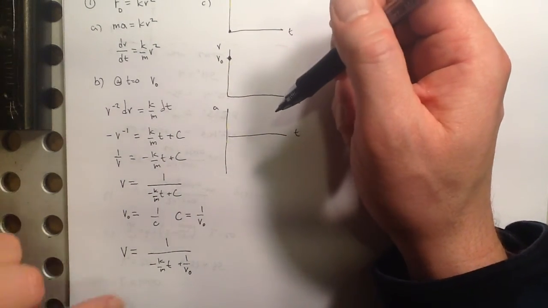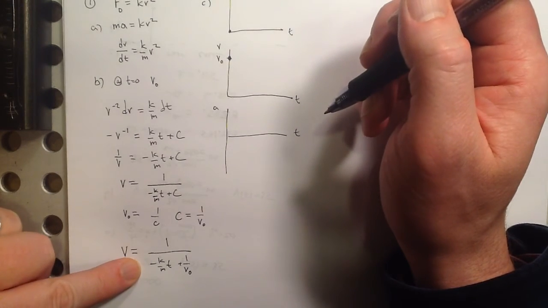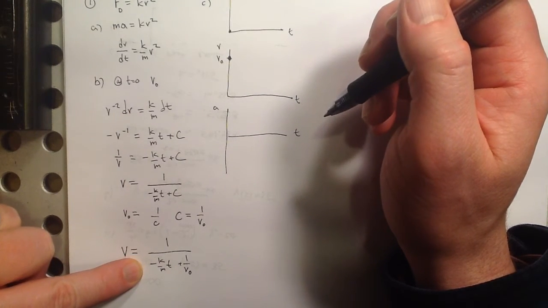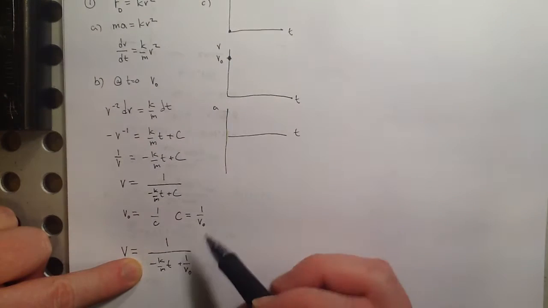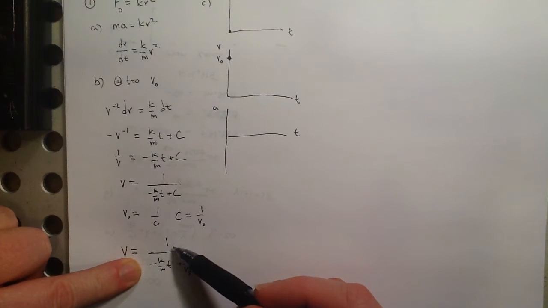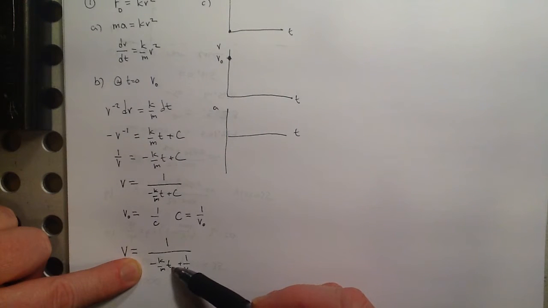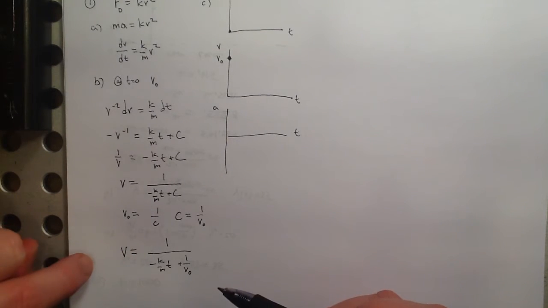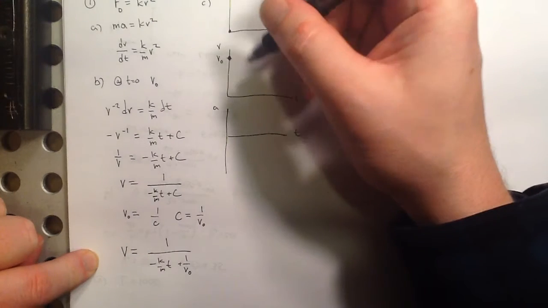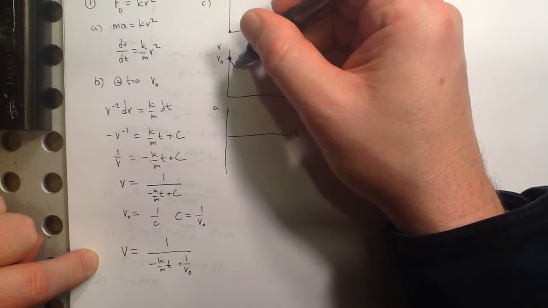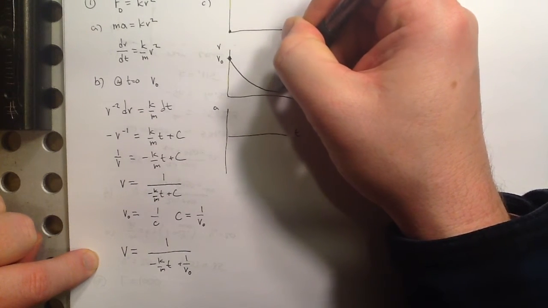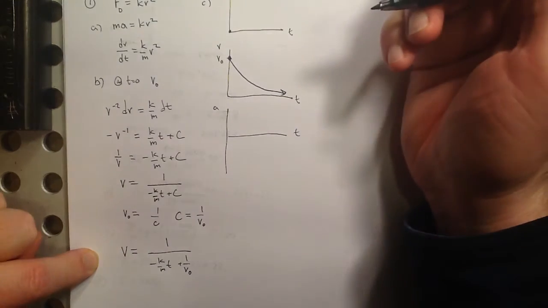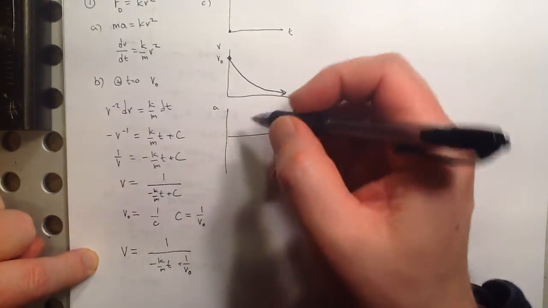So eventually you could think about what happens as t approaches infinity. We would get 1 over infinity. So this is going to go to 0.